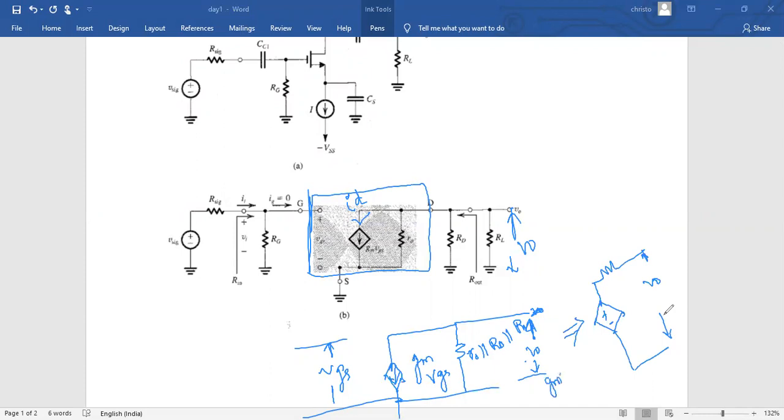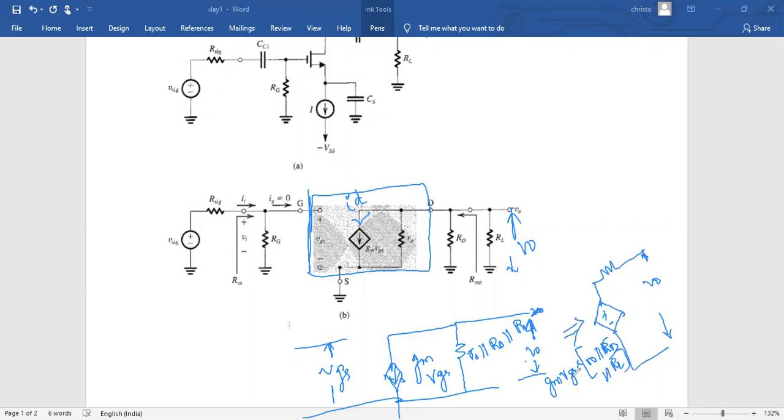So GM into VGS into the parallel resistance. That means small R naught parallel with capital RD parallel with RL.